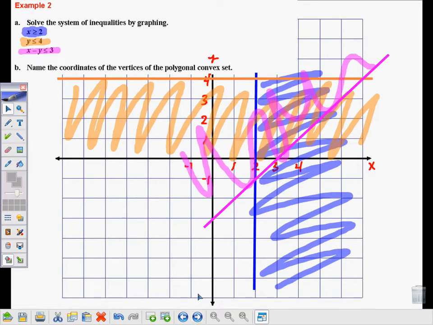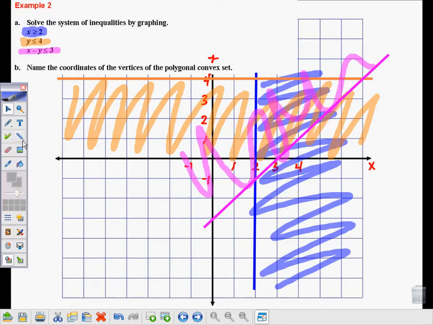Here we go. So that has a y-intercept at -3, an x-intercept at +3. It is a solid line because it is less than or equal to. And then when I test the point 0, 0 in my inequality, that works as a solution, so I shade that side of the inequality.